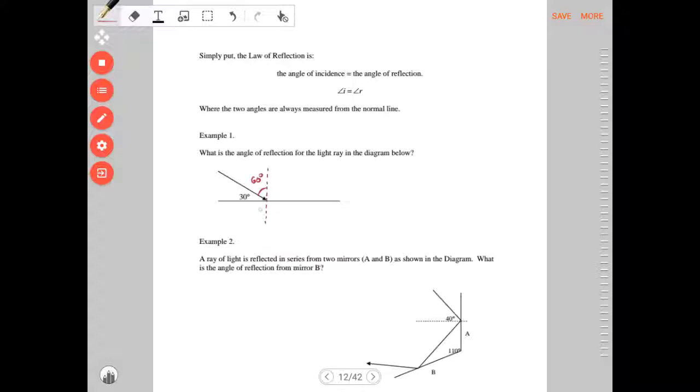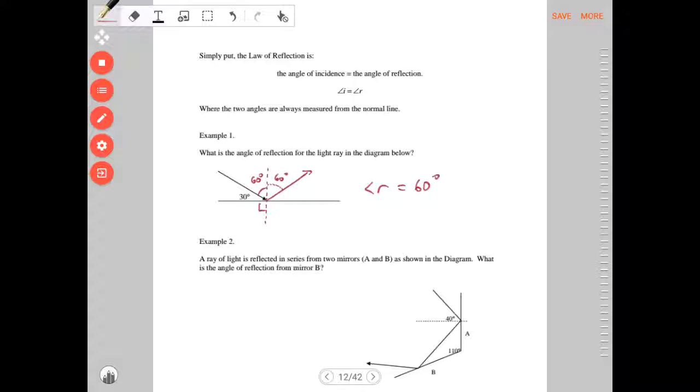That's because the normal line always intersects the medium at 90. So if that whole angle up there is 90, 90 minus 30 is 60. Awesome. And then of course the light ray bounces off like that. So this angle here, the angle of reflection, would also be 60 degrees. So what is the angle of reflection for the light ray? The angle of reflection, angle R, equals 60 degrees.